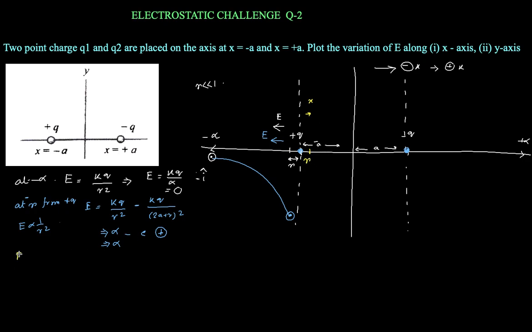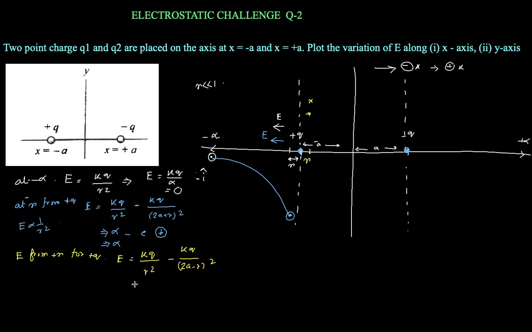E at plus r from plus q charge is equal to k q by r square due to this charge, and due to this charge it is minus k q by 2a minus r, whole square, because this is a, this is a, 2a, and this is minus r, so 2a minus r.